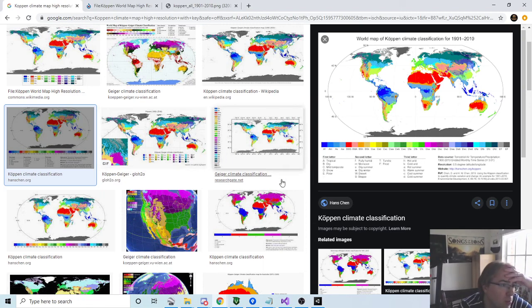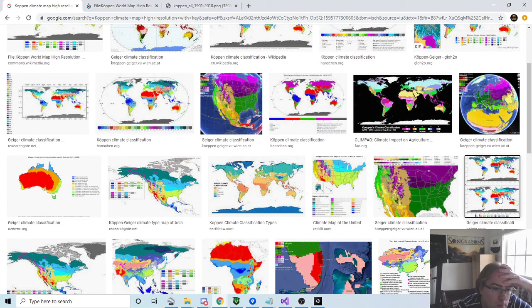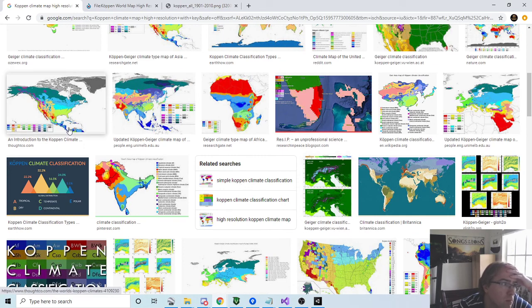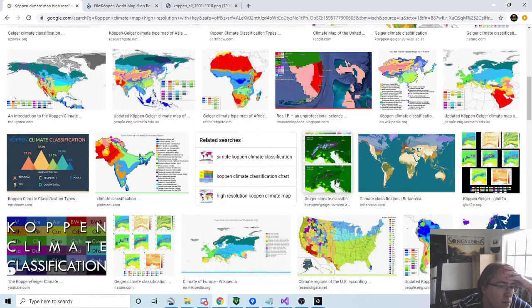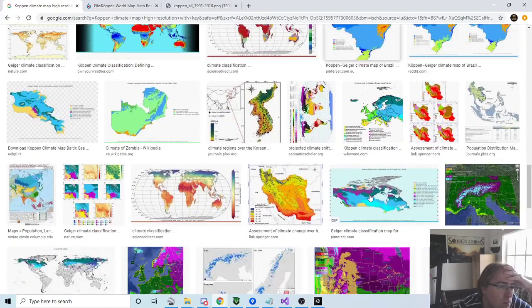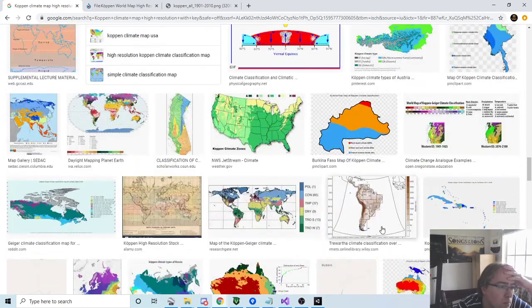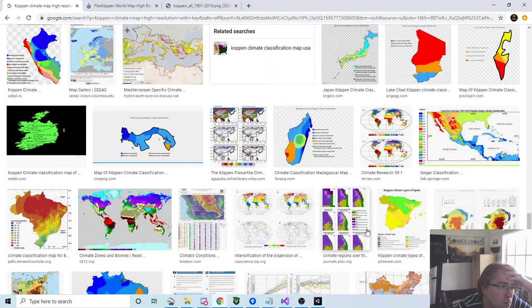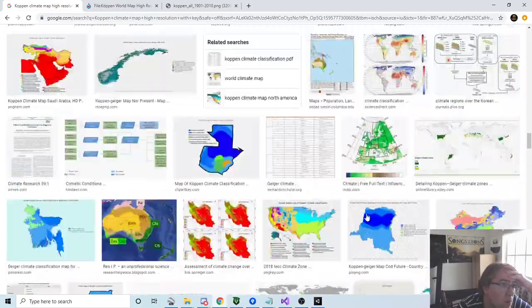Continue the quest for the perfect Köppen map. I'm not going to find one.